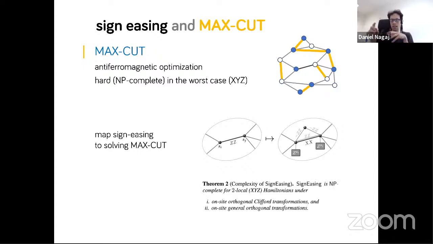Then counting the number of broken links on the Max-Cut corresponds well to how much you're improving our non-stochasticity measure. And in the end, we show that sign easing is NP-complete for 2-local XYZ Hamiltonians under orthogonal Clifford transformations and also general orthogonal transformations. And there's been a lot of mathematical work that mainly the students Ingo Roth and Dominik have done.